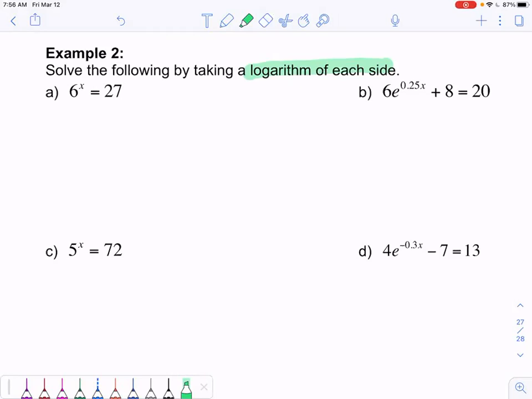So in order to find that value, we are going to change this to log form. So logs were created so that we can solve for exponents that aren't exact values. And we can't change 6 and make it like 2 squared or 3 squared because it doesn't have a perfect square. So Grace, how would you write 6 to the x equals 27 as a log?